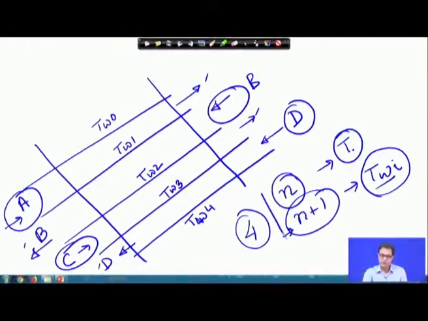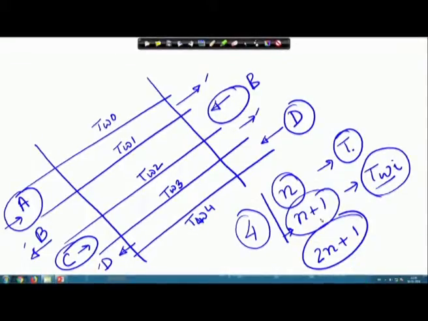So altogether we expect 2n plus 1 unknowns, and we look for the solution of those 2n plus 1 unknowns. To do that, we need 2n plus 1 equations, so we have to construct equations for 2n plus 1 things.